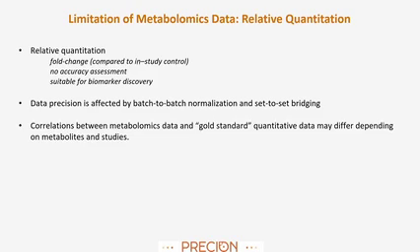Every time you bridge a data set, errors are introduced, and the more you bridge, the larger the error in the data. So you may find very statistically significant biomarkers, but we have to validate those findings with targeted assays to make sure the data holds up.